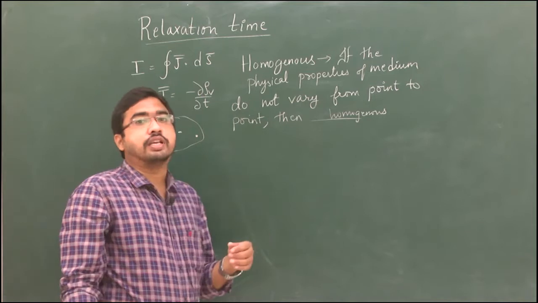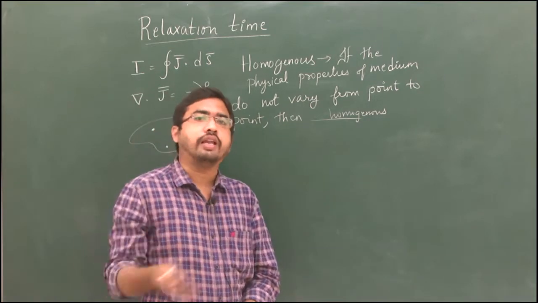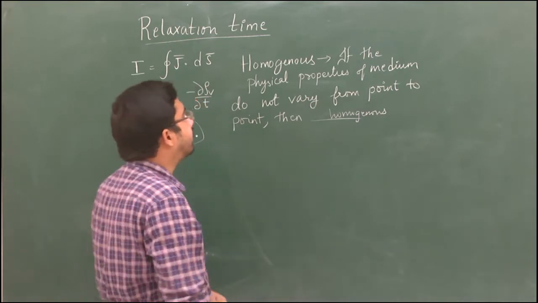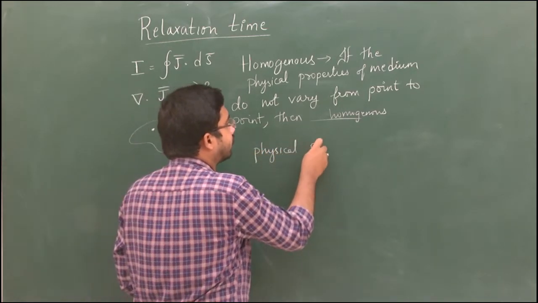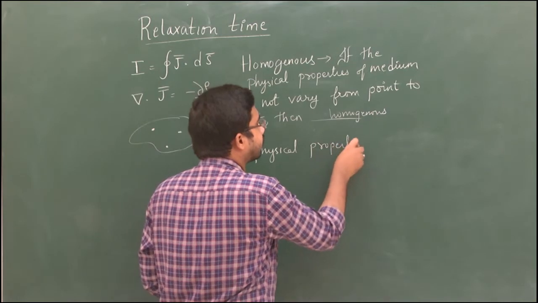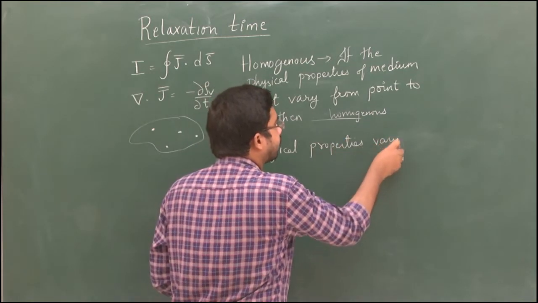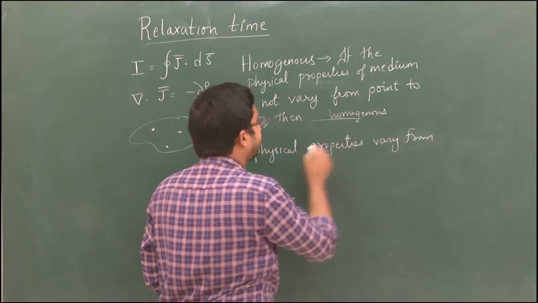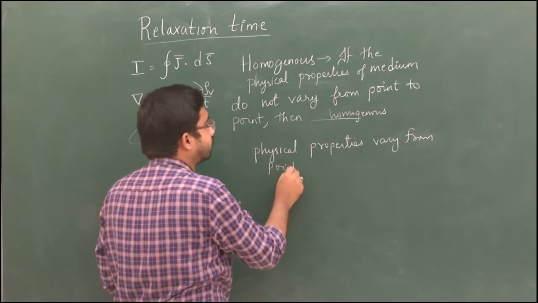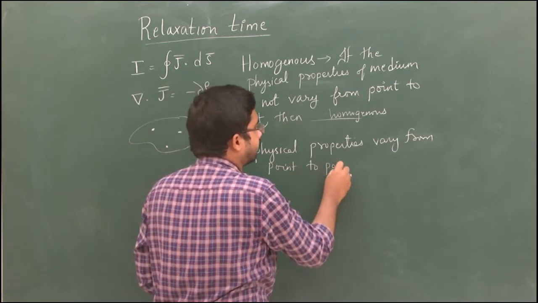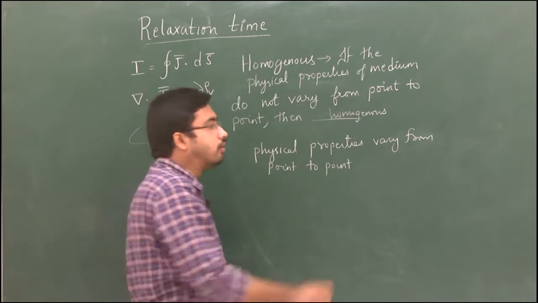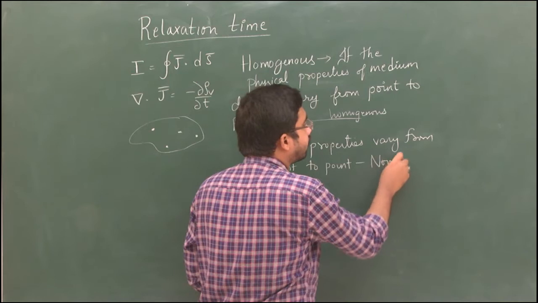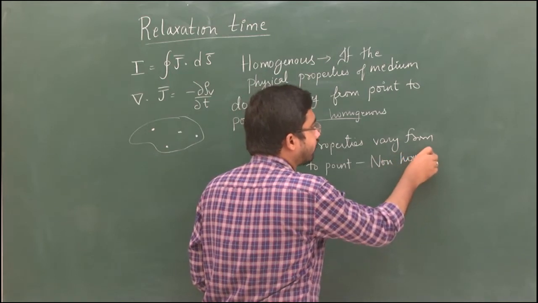Suppose the physical properties vary from point to point, then such a medium is called non-homogeneous.